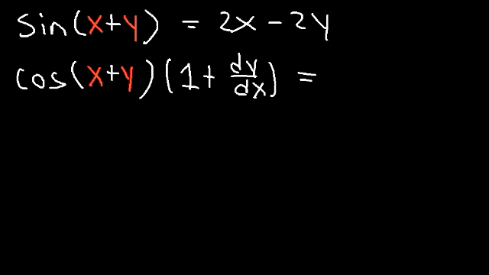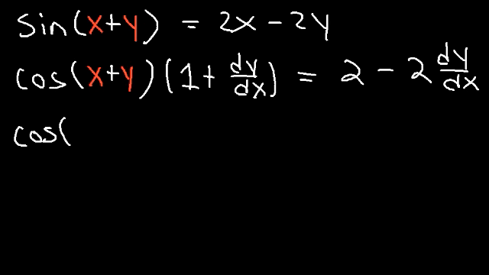On the right side, the derivative of 2x is 2, and the derivative of 2y is 2 times dy dx. So let's distribute cosine. Cosine times 1 is simply cosine, and then cosine times dy dx is going to be dy dx cosine.